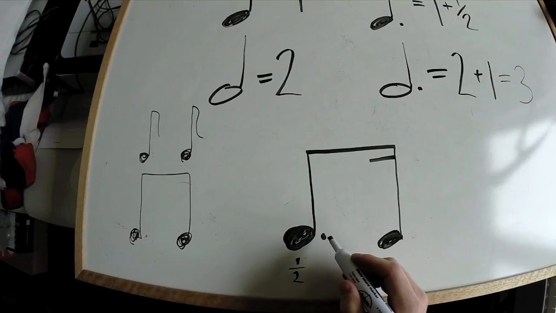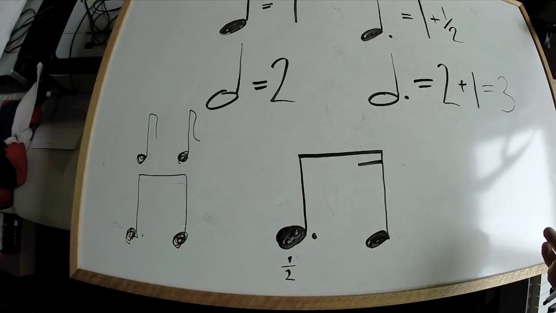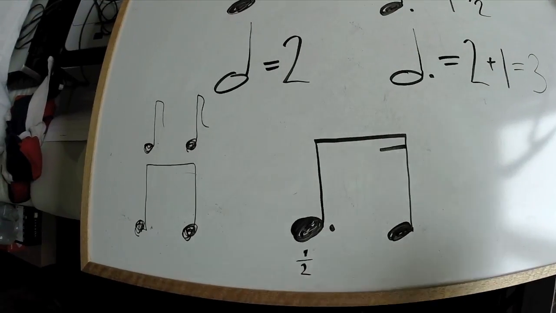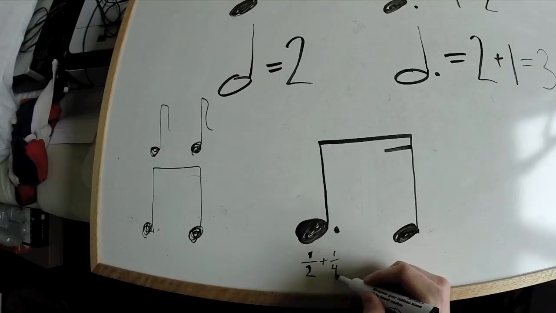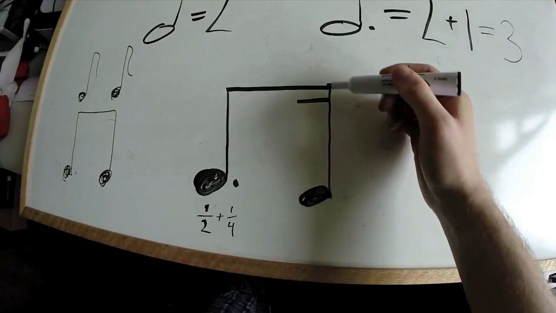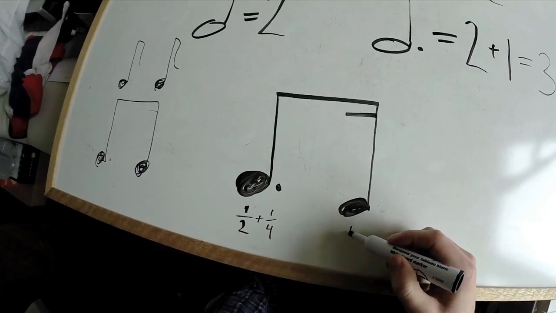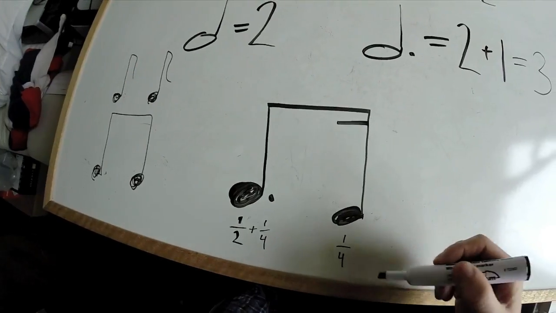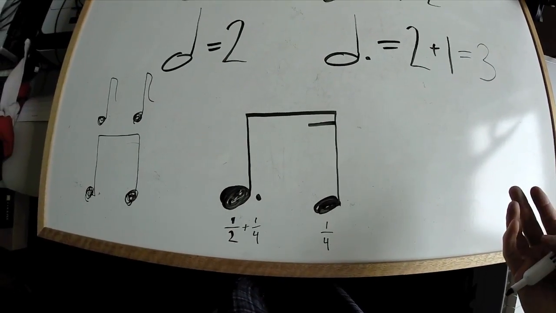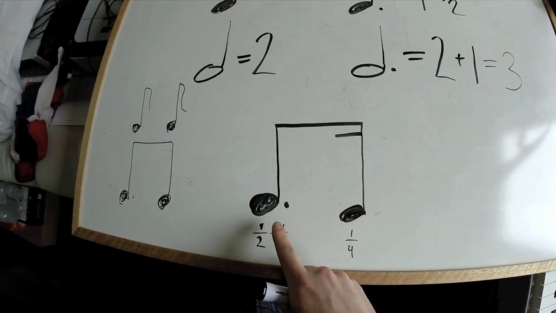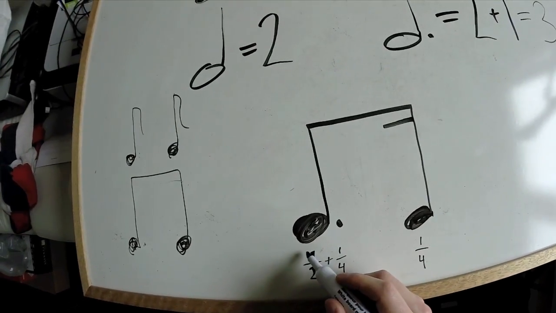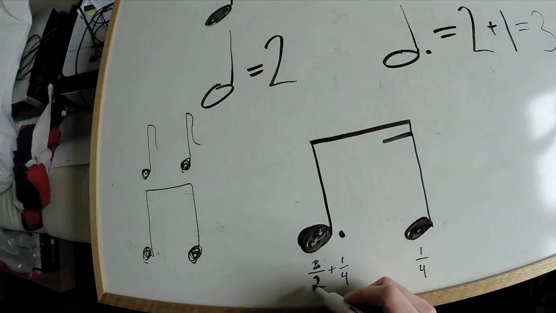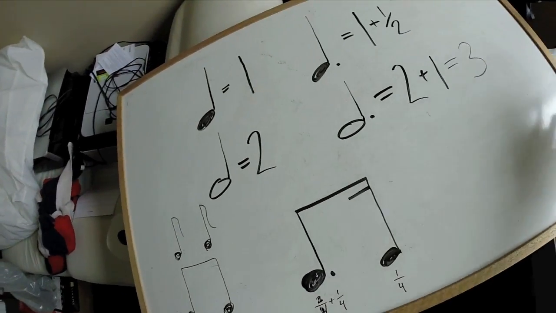So usually an eighth note has half a beat length, right? So now with the dot, half of a half is 1/4. So this would be 1/2 plus 1/4. And then this one is a 16th note, which you know gets 1/4 length anyway. So if you were to clap this rhythm, and change the denominator to be common for them all, you'd have 2/4.